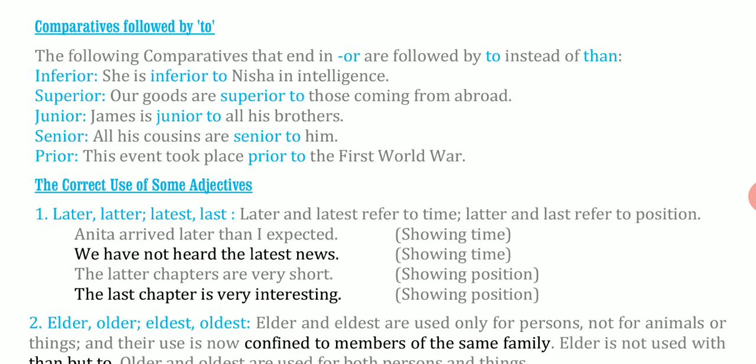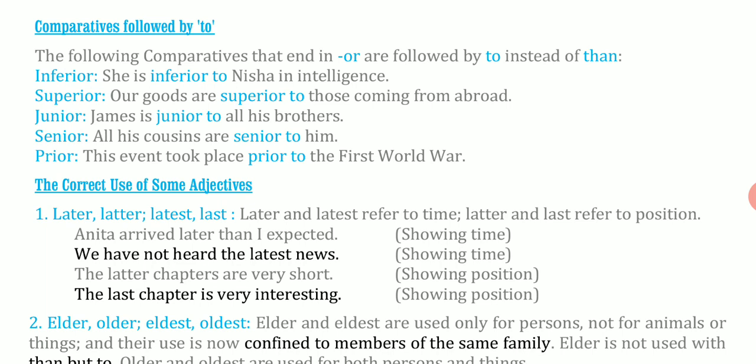Our goods are superior to those coming from abroad. James is junior to all his brothers. All his cousins are senior to him. This event took place prior to the First World War. Right? So you should understand that after these adjectives we use to, not than.